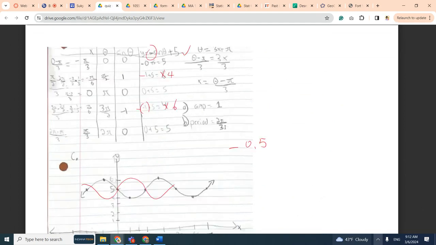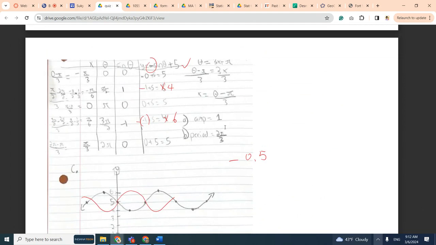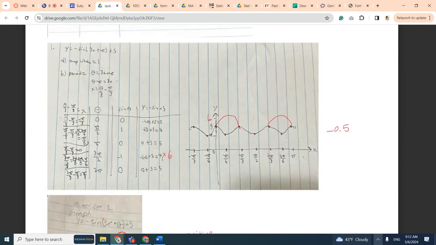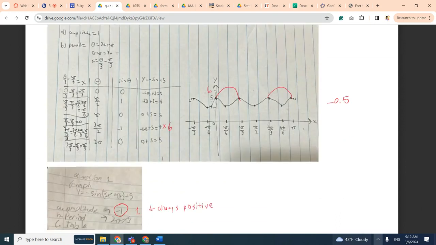And then so this guy is actually, you flip it over the x-axis and then you move up 5 units. So that's why the graph is like you flip it over. Okay, that's the negative sign in front of the sine. Here, this is 6. Yeah, negative 1. So that's why the graph.